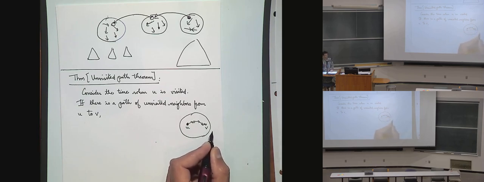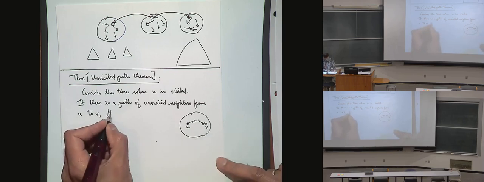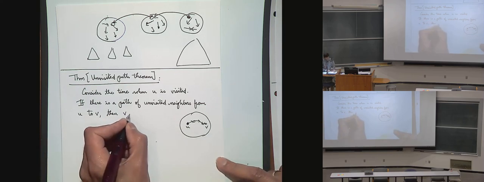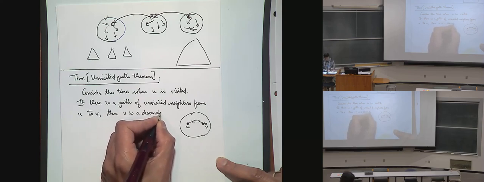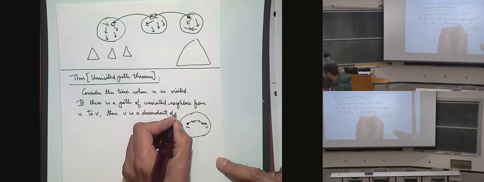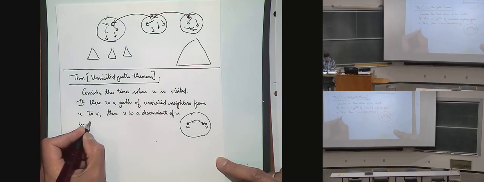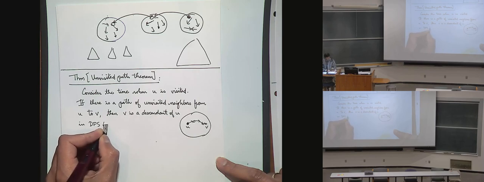Does this make sense? Then V is a descendant of U in the DFS forest.